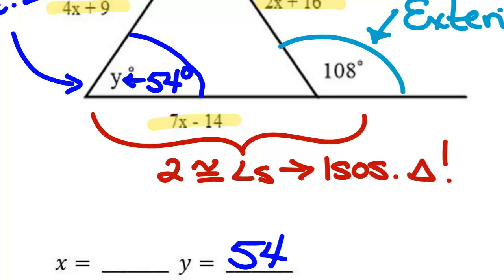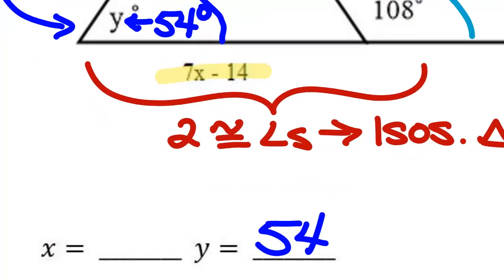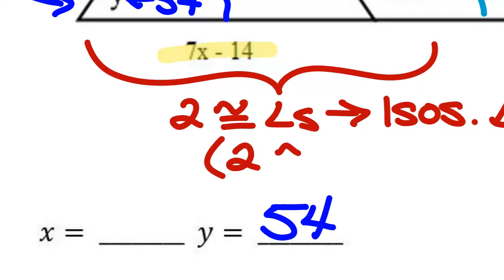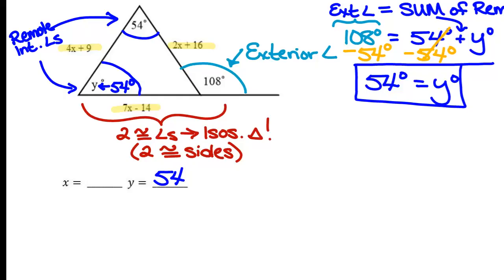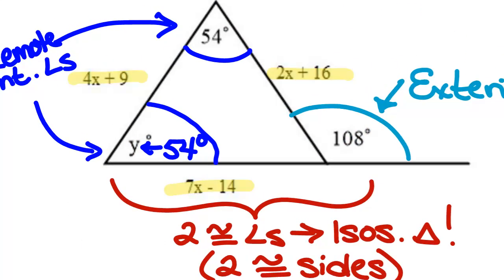And isosceles triangles have how many congruent sides? Two congruent sides. How do we find which sides are congruent? Because that's the key to finding x.